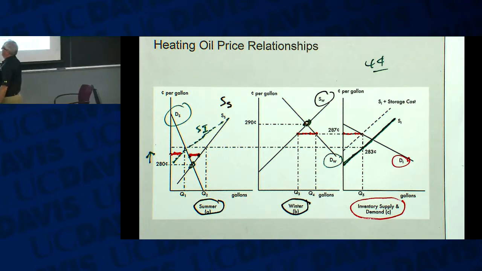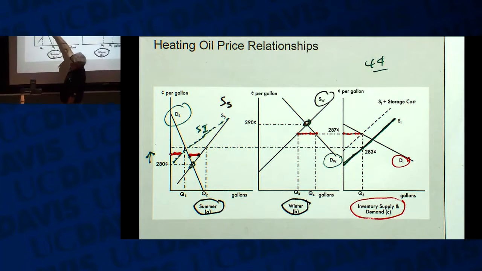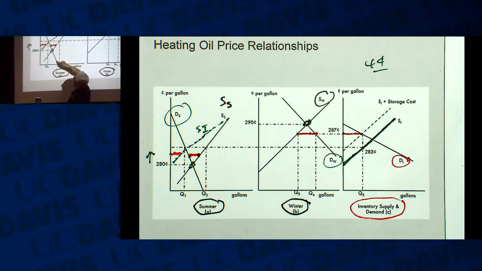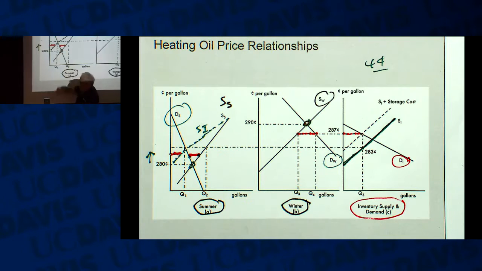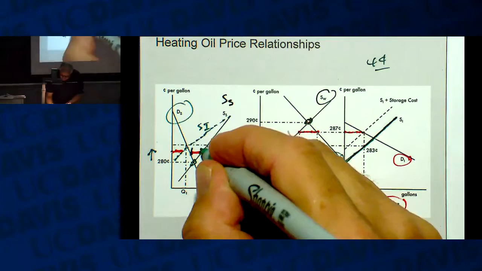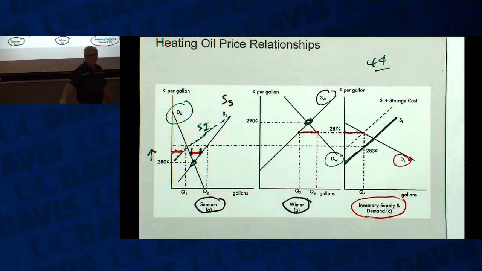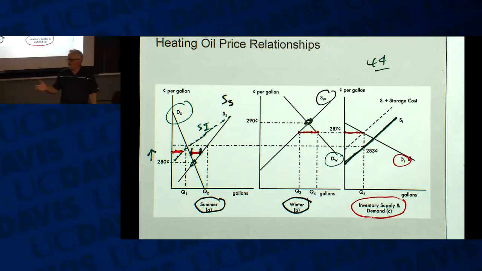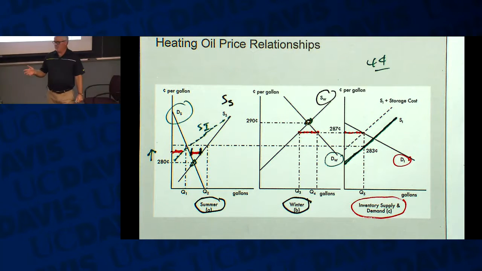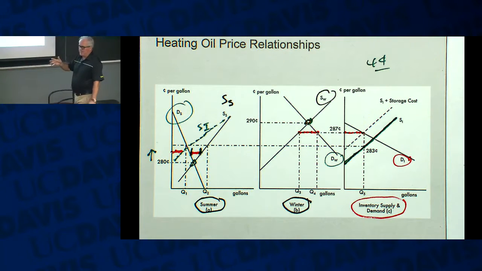If you produce this volume, you can't sell that volume in the market. You can only sell this volume. So this difference, where's it going to go? It's going to go to Paul. You can't sell it in the summertime, so he buys it and puts it in his storage tank. So that's why we're interested in that gap.